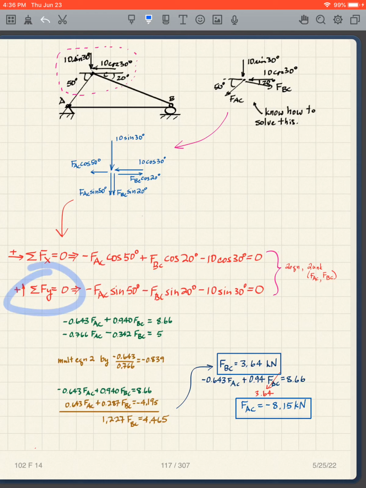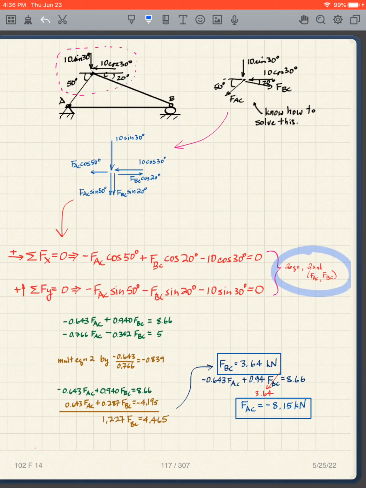I take the sum of the forces in the y direction, so I just use my y forces. There they are. And in this case, they're all going down, so they're all negative. I just take them right from the diagram and put them into the equation. Negative, negative, negative. Set them equal to 0.